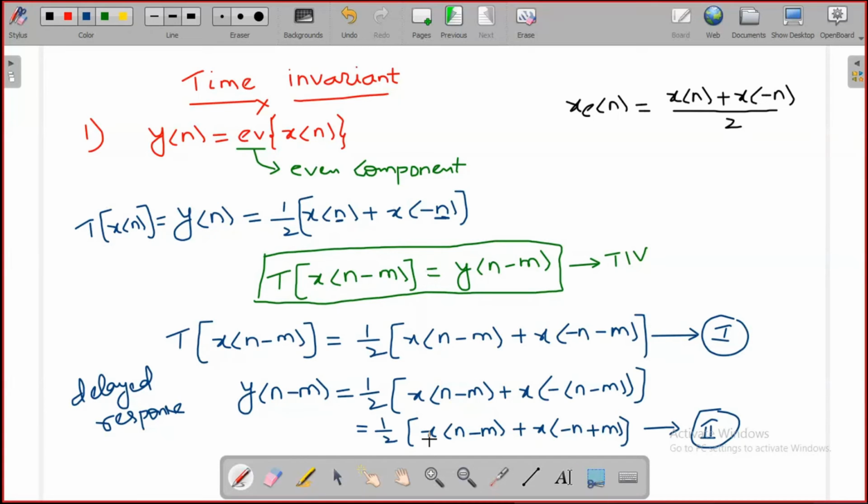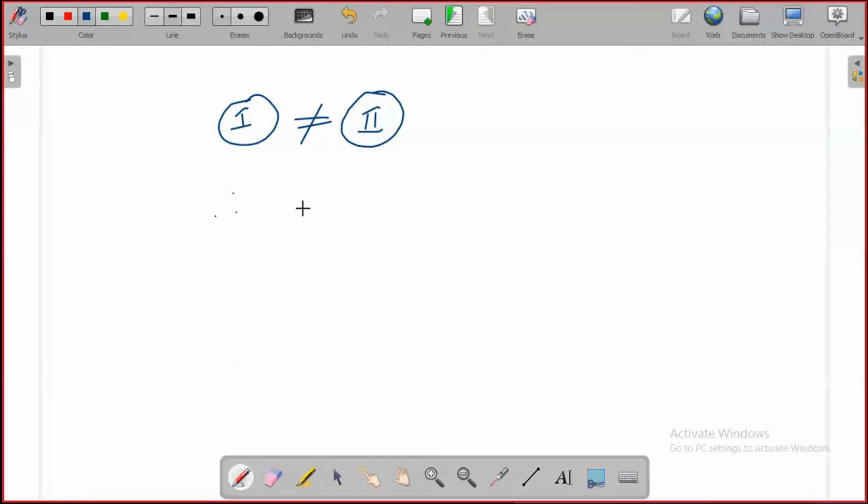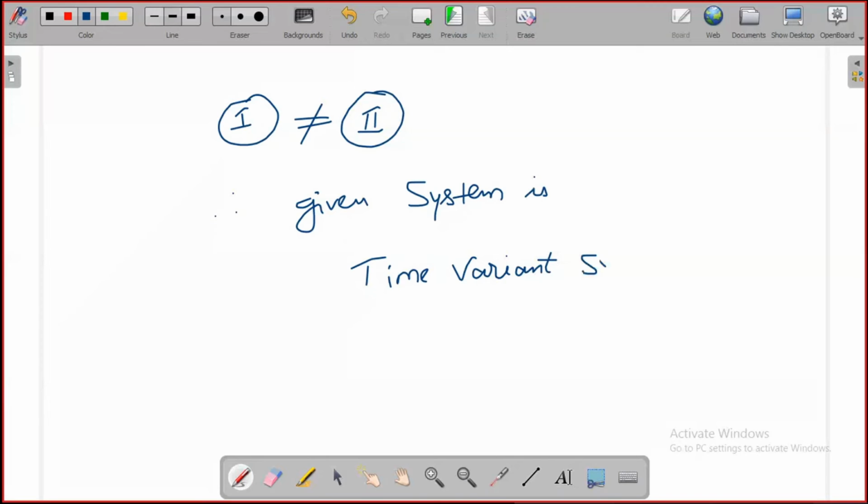That means the response for delayed input is not equal to the delayed response. So the given system is time variant. Time variant is generally represented as TV, time invariant as TI.